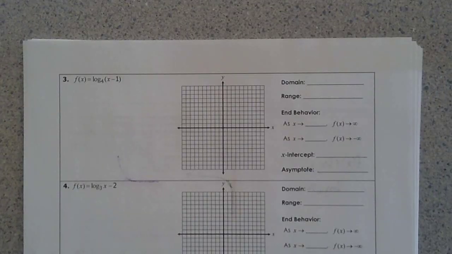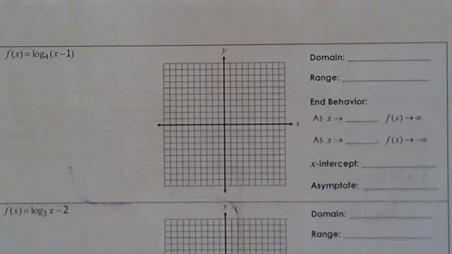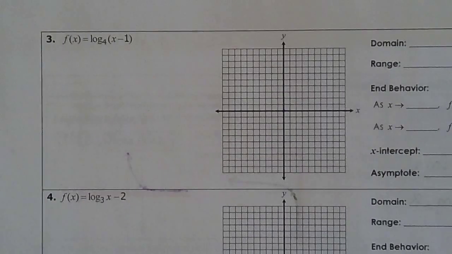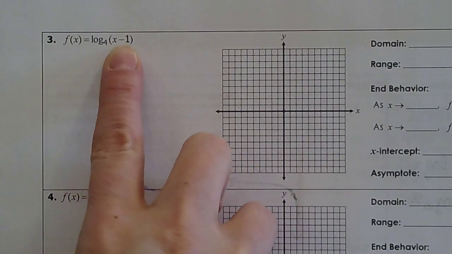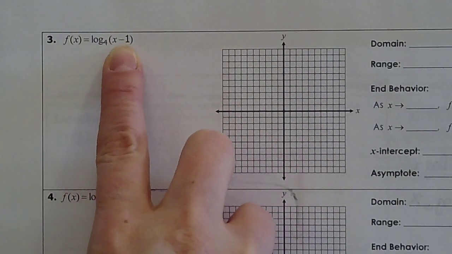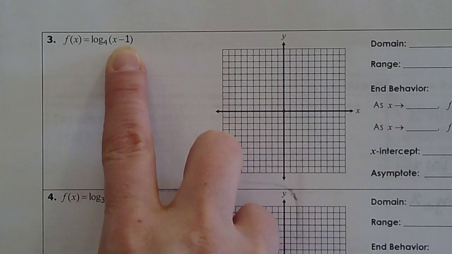Okay, now we're going to do some that have transformations. So these are a little trickier to work through the inverse portion of it. We're still going to start the same. And if we think about this, what kind of transformation do you suppose this would cause? If I have a -1 inside with my x, what's that going to do to my graph?